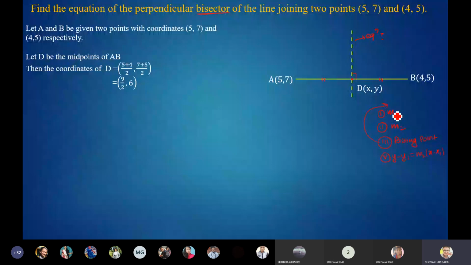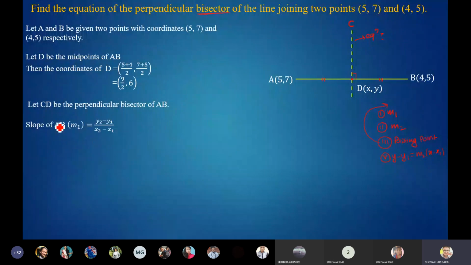So let CD be the perpendicular bisector of AB. Let me write here C, CD be the perpendicular bisector of AB. Slope of AB, M1, equals (y2 minus y1)/(x2 minus x1). I'm in this step now. This is step M1.